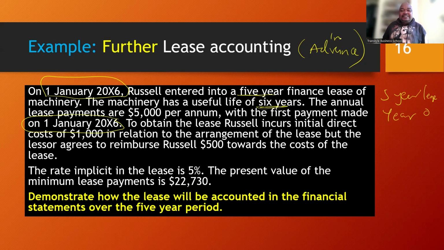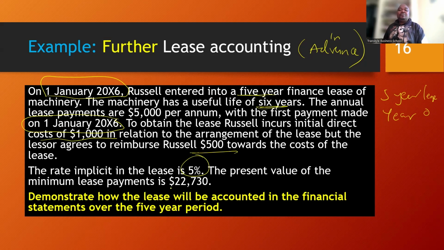To obtain the lease, Russell incurred initial direct costs in relation to the arrangement of the lease, but the lessor agrees to reimburse Russell 500 toward the cost of the lease. The rate implicit in the lease is 5%.